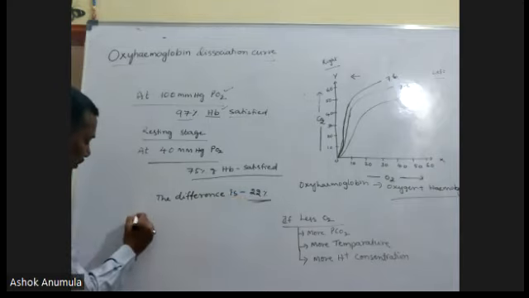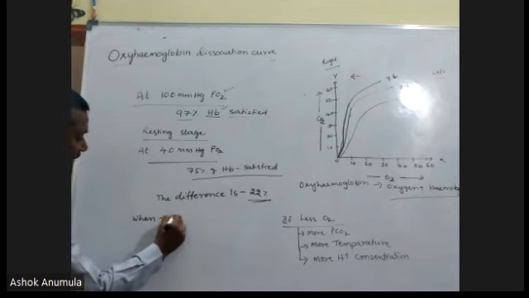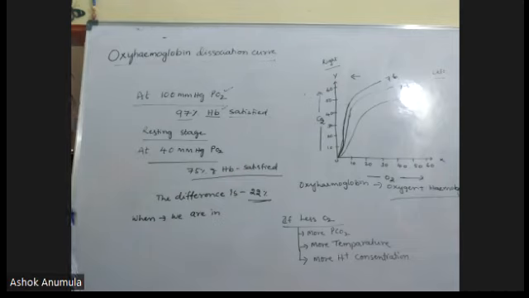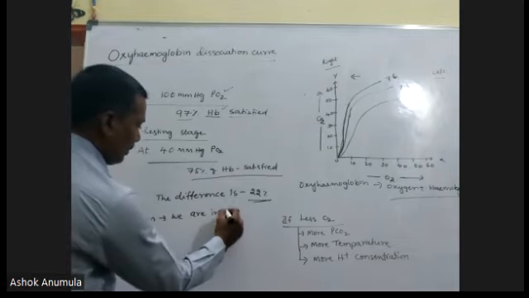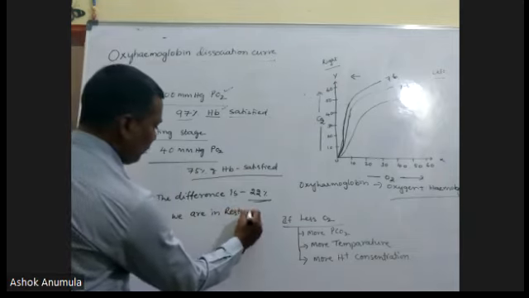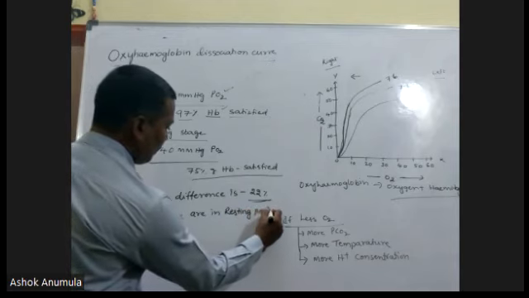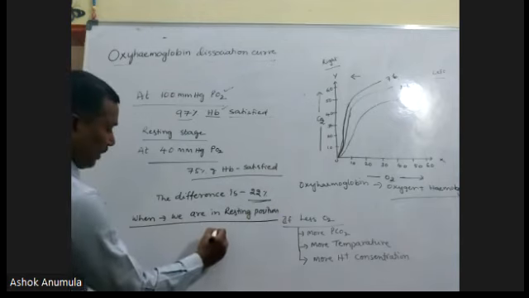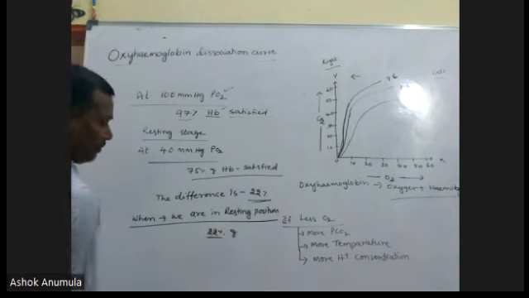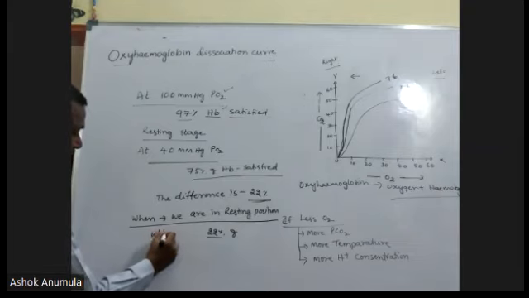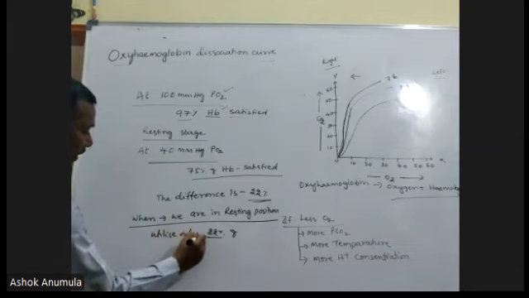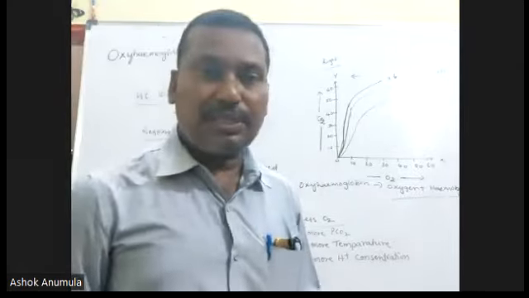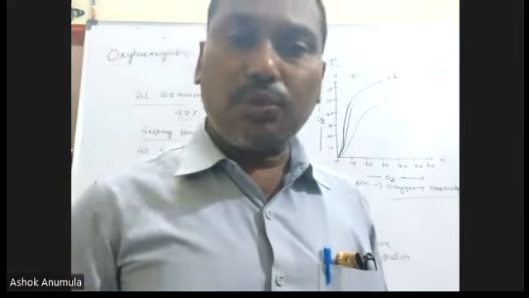So when we are in resting position, we utilize only 22% of oxygen.